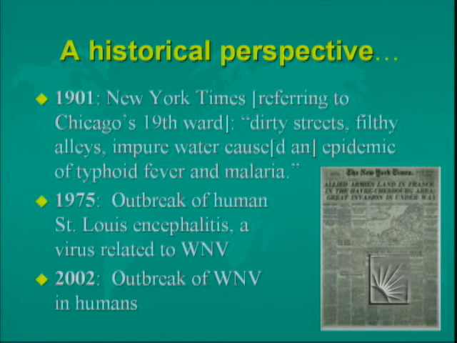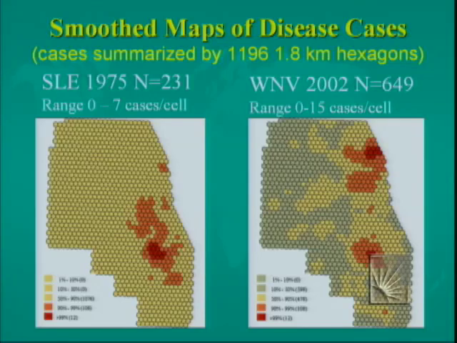Very interestingly, in 1975, we had an outbreak in the US of a closely related disease, St. Louis encephalitis. In fact, in New York City in 1999, initially West Nile virus was misdiagnosed by the CDC as St. Louis encephalitis. And that focus occurred in the same area, and then we had the outbreak in 2002.